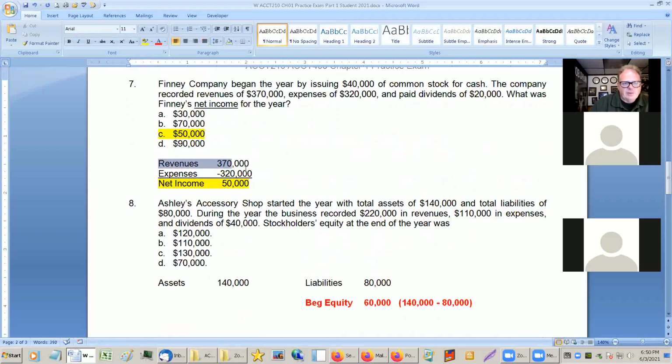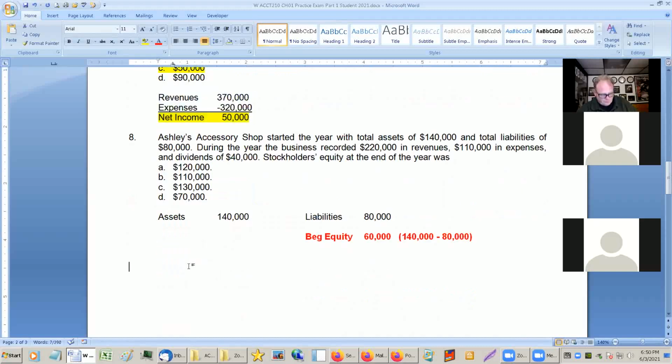Can I just do this here? Let me copy this. Save this stuff here. Okay, revenues were 220. Expenses were 110. Oh, I hate this.